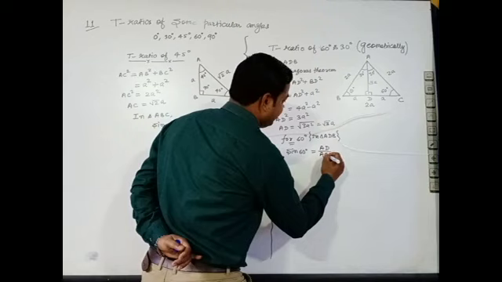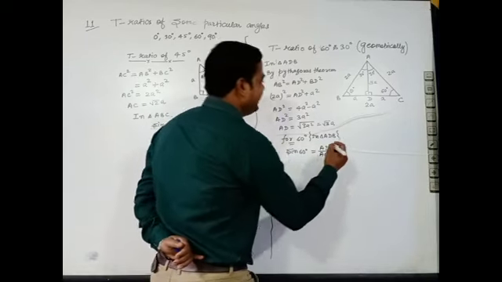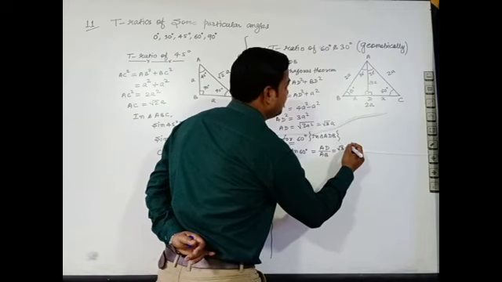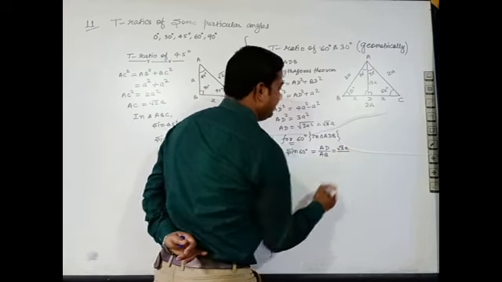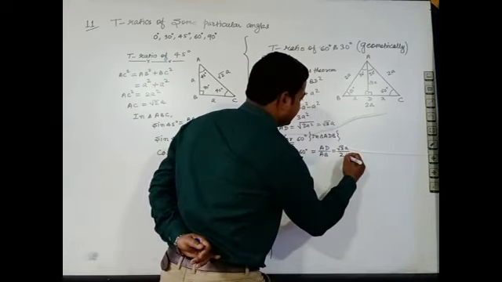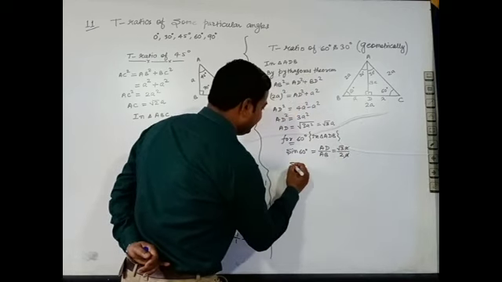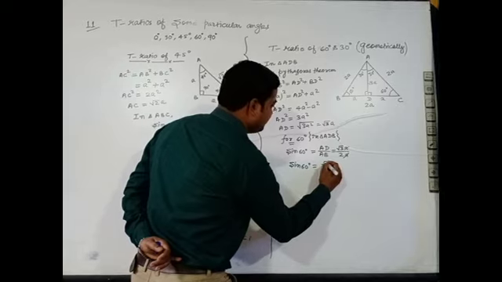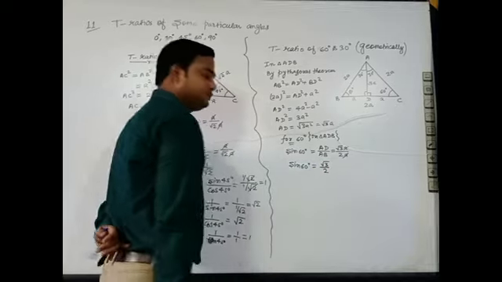AD is root 3A, and AB is 2A. A cancels, then sin 60 equals root 3 by 2.